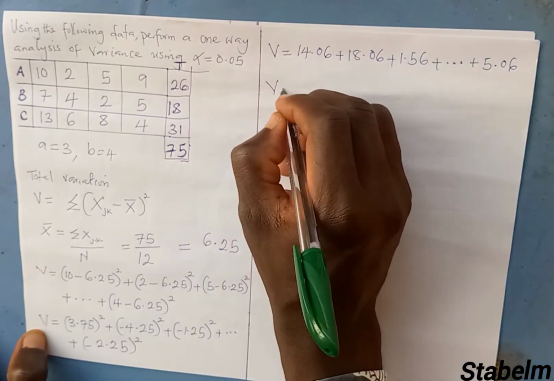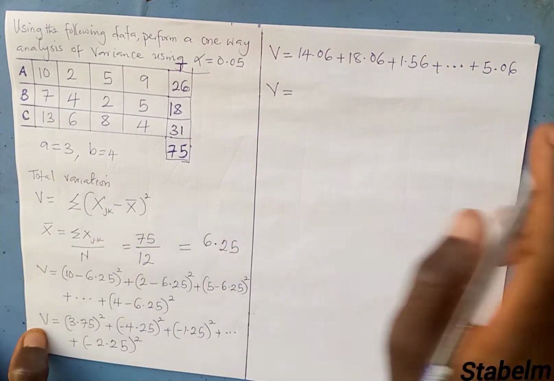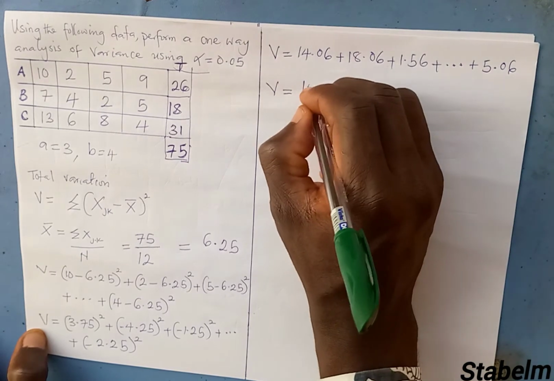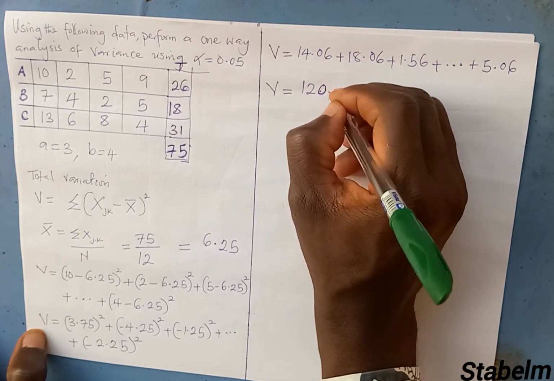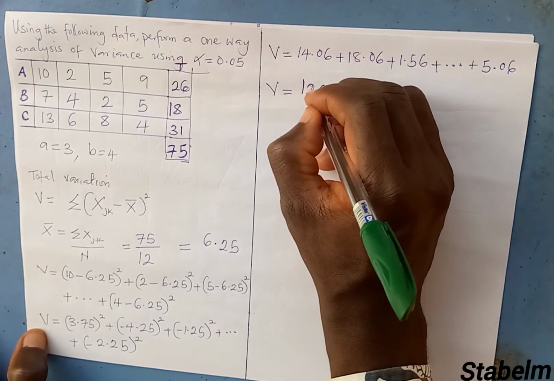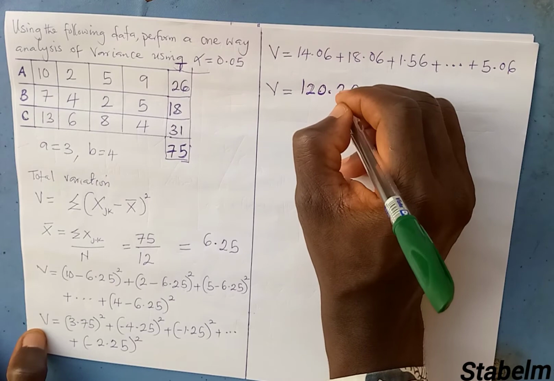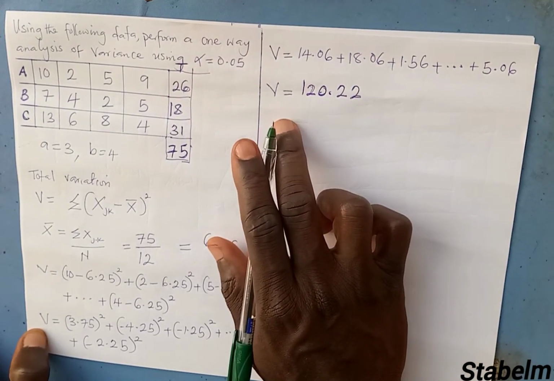So now we have V equals, if you add everything together, 120.22. So this is our total variation.